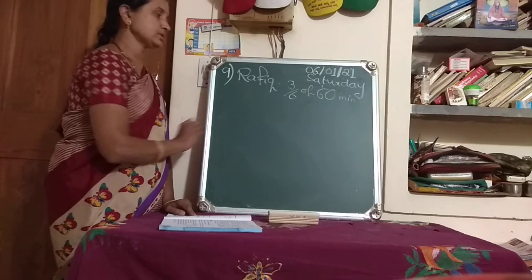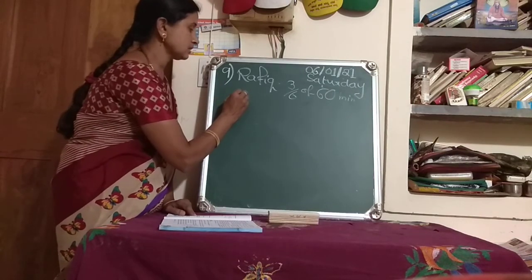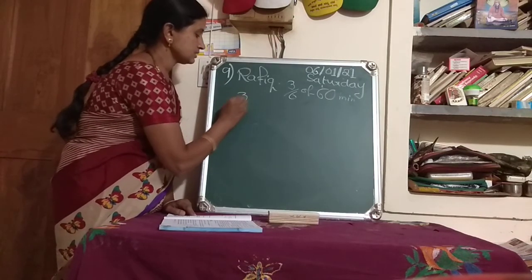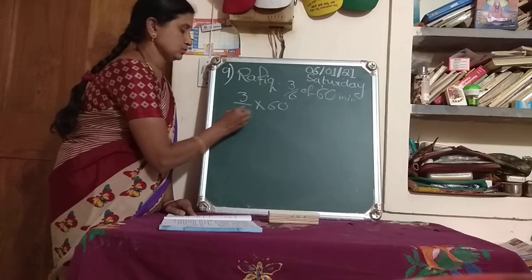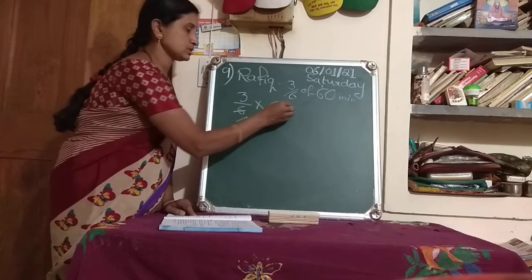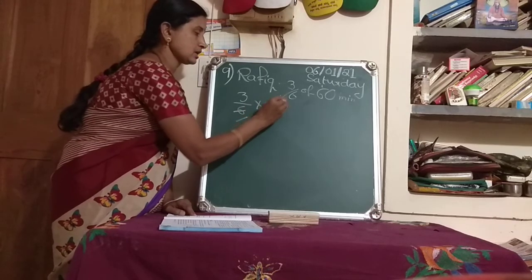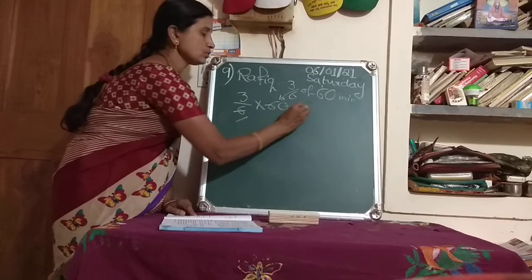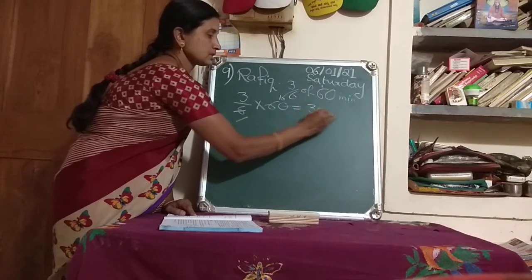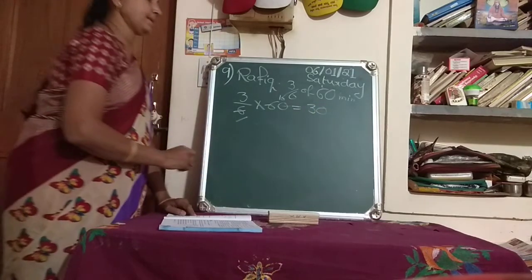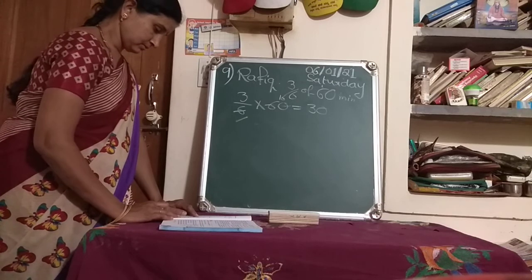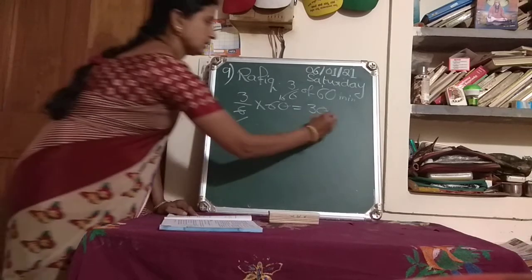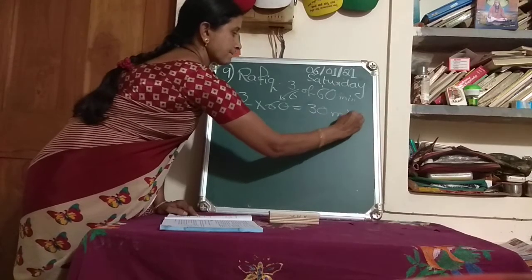So how many minutes does he exercise? 3/6 into 60. Now let us reduce it. 6 ones are 6, 6 tens are 60. So 10 into 3 gives you 30 minutes.